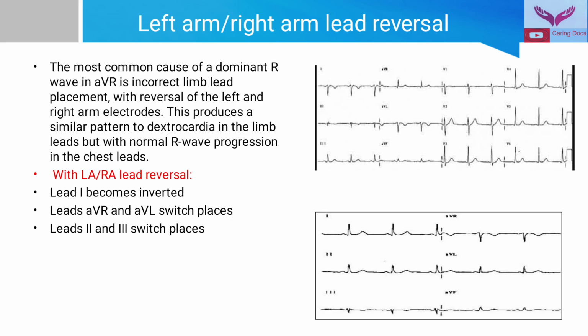It is one of the most common causes of the dominant R wave in AVR. It is because of incorrect limb lead placement with reversal of the left and right arm leads, and this produces a similar pattern to dextrocardia in limb leads but with normal R wave progression in the chest leads.